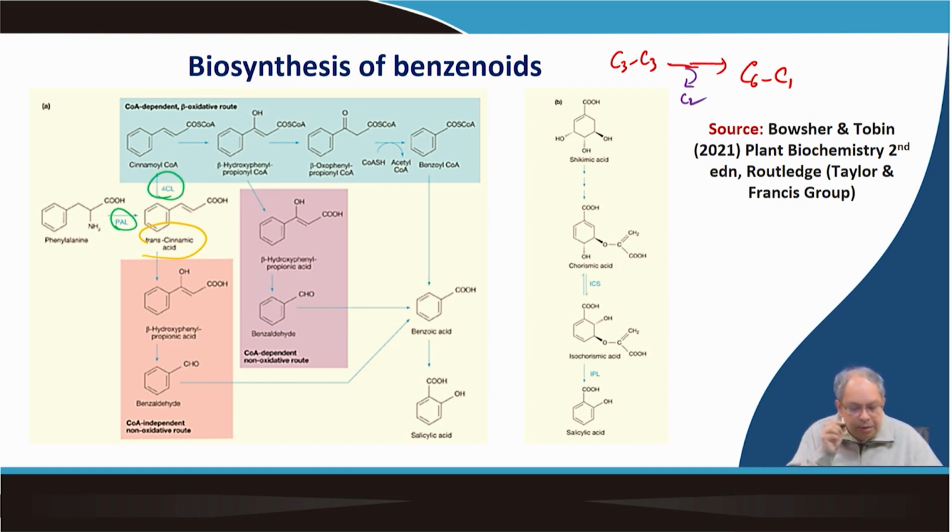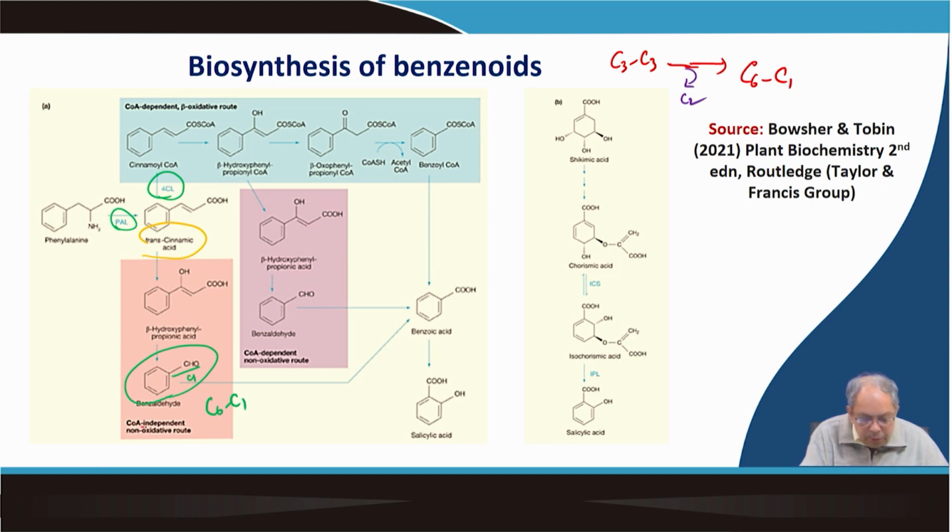And what happens, the trans-cinnamic acid can take part in the formation of benzaldehyde. When you talk about benzaldehyde, if you see this structure, this is a C6C1 structure, this is C1. So, from trans-cinnamic acid it can directly form benzaldehyde, which is called the CoA independent, non beta oxidative route.